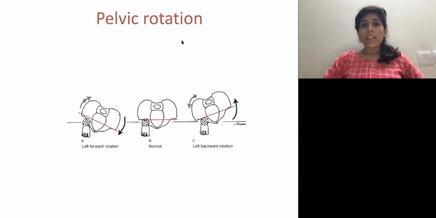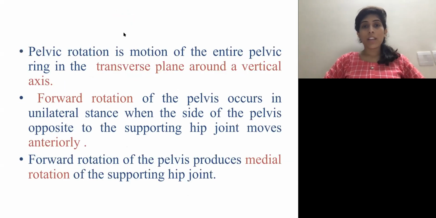Then we'll see the pelvic rotation. As we all know, rotation will occur in the transverse plane and the vertical axis. So we have forward rotation and backward rotation. The forward rotation of the pelvis occurs in unilateral stance when the side of the pelvis opposite to the supporting hip joint moves anteriorly.